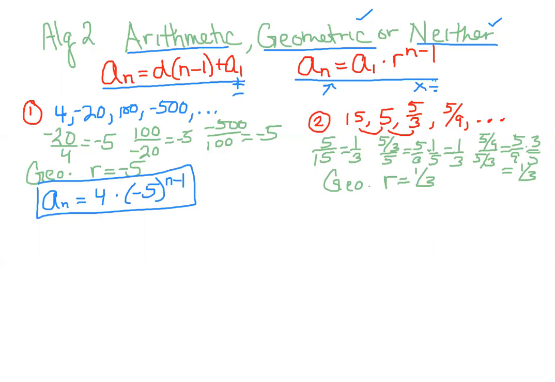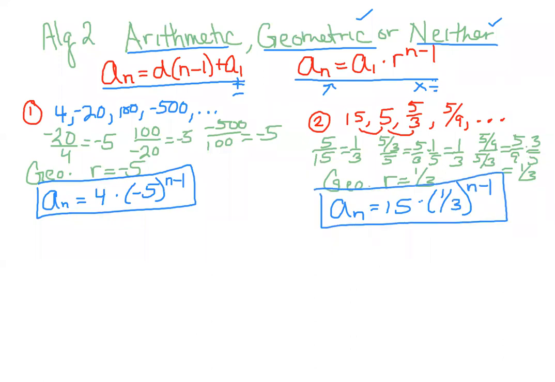And to write our rule, we're going to do A1 times R to the n minus 1. Number 3, let's see: 1, -2, 3, -4.